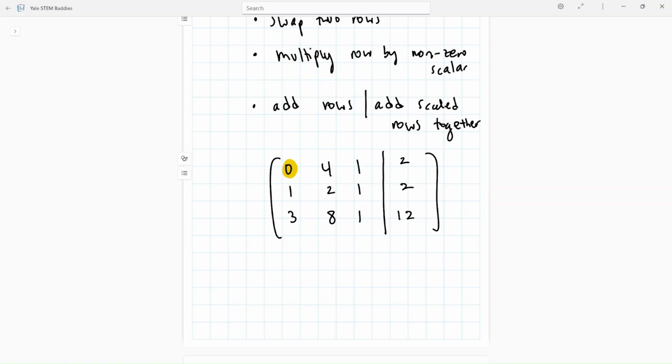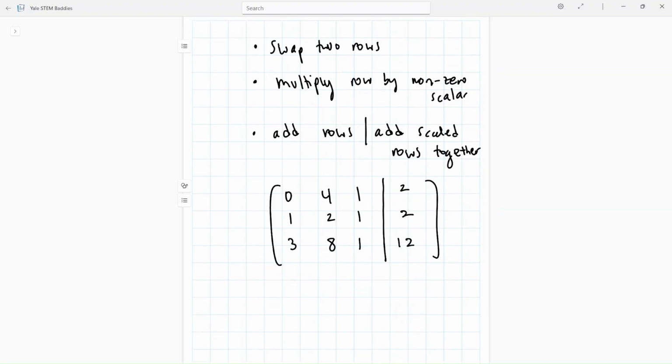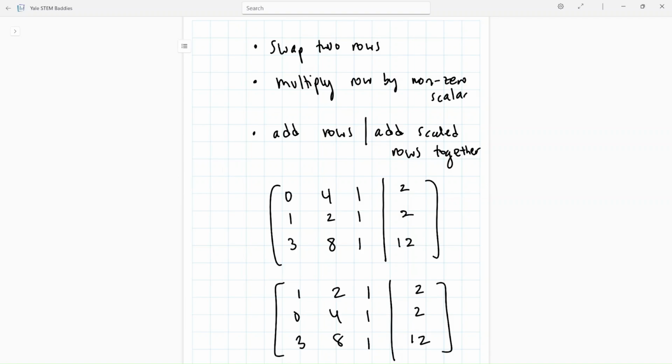But there's nothing I can multiply 0 by to get 1. So instead, I'm going to use my first row operation and swap rows 1 and 2. That's super easy. We swap the first and second rows, and now I have a 1 in that upper left corner.